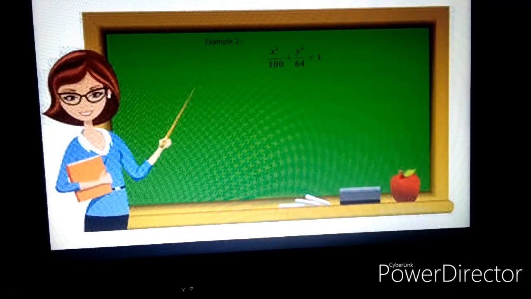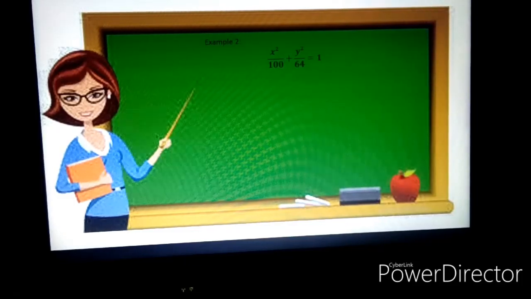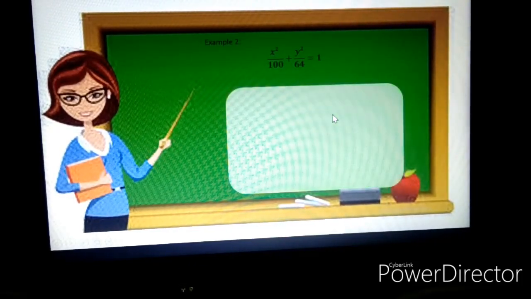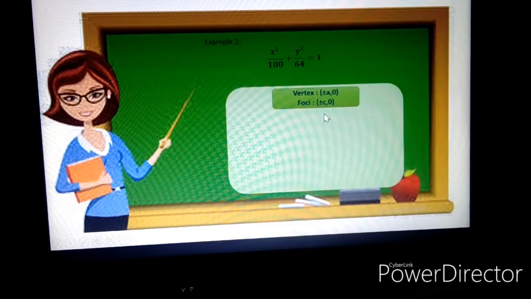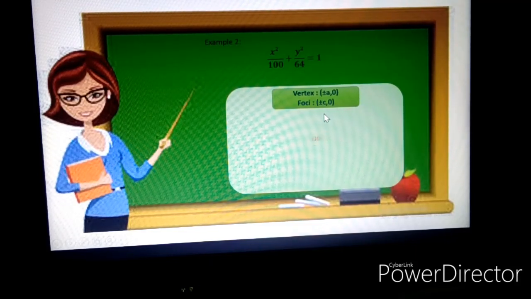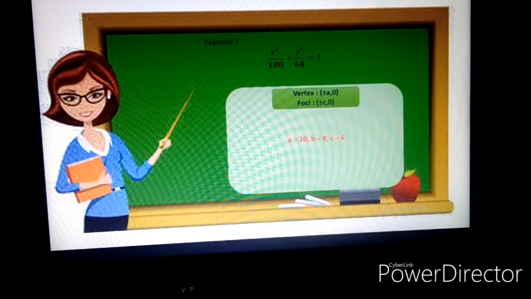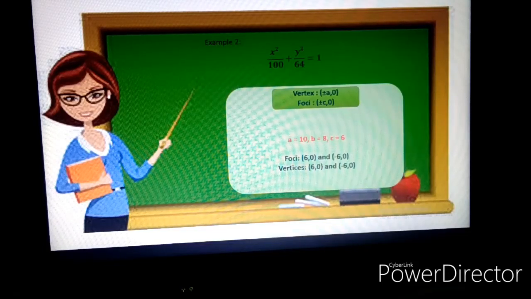So the vertices and foci for our example 2: a is 10, b is 8, and c is 6. So our foci are (6, 0) and (negative 6, 0).